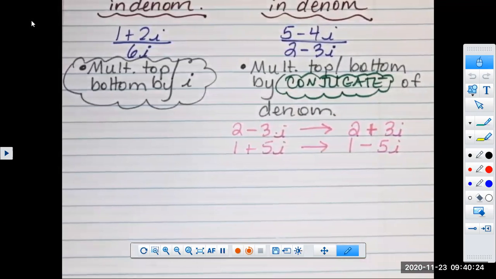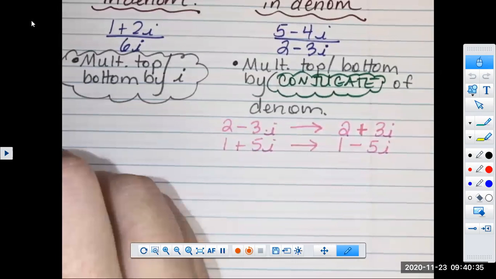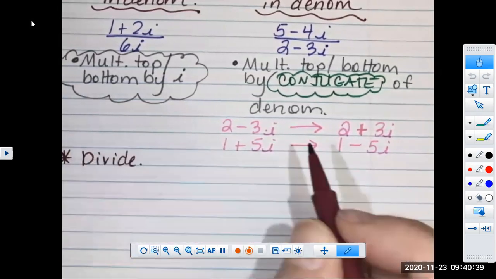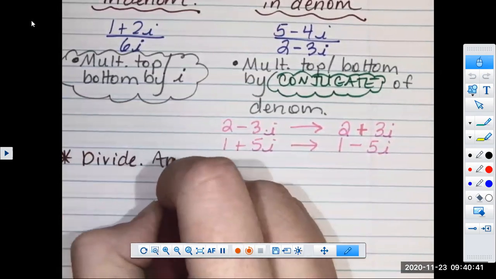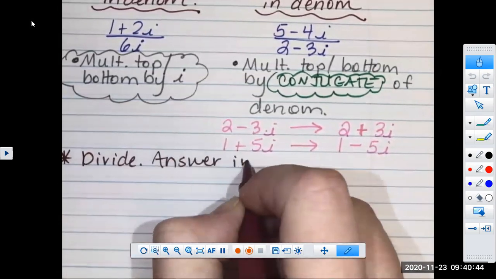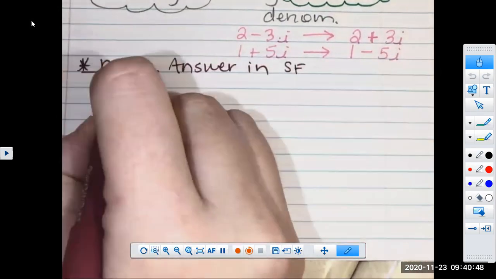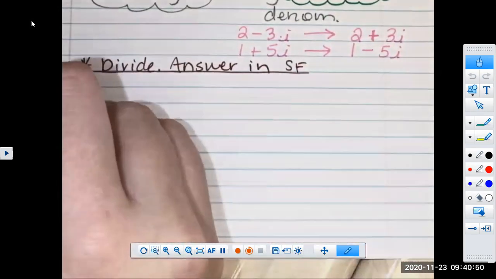Okay, let's practice some division problems. Divide and simplify completely, and they want you to leave your answer in standard form. This is number 9 in your notes.